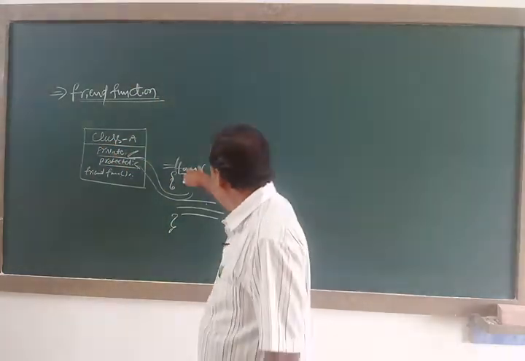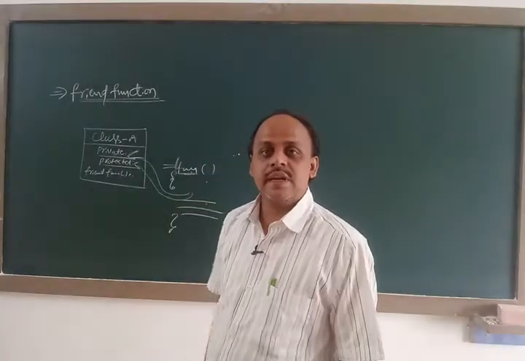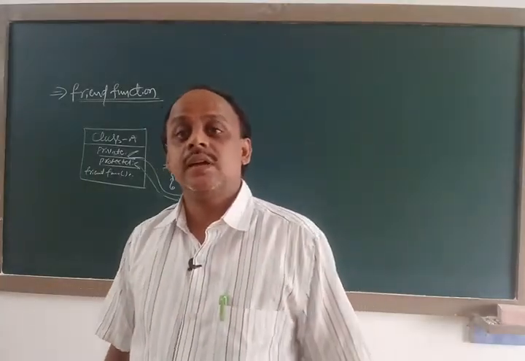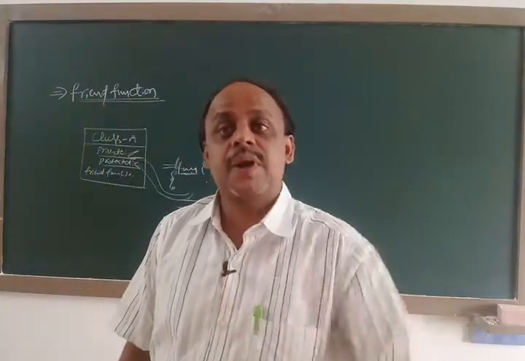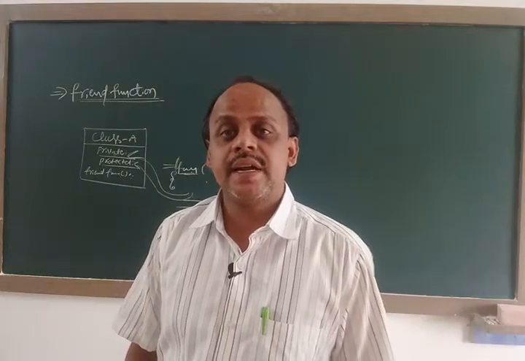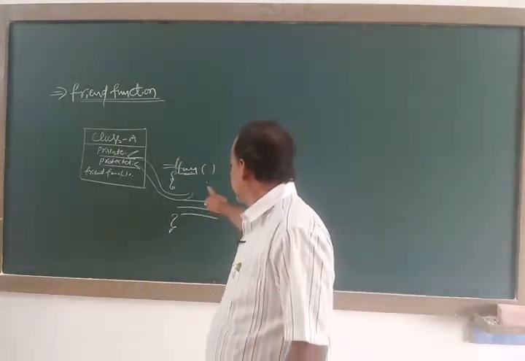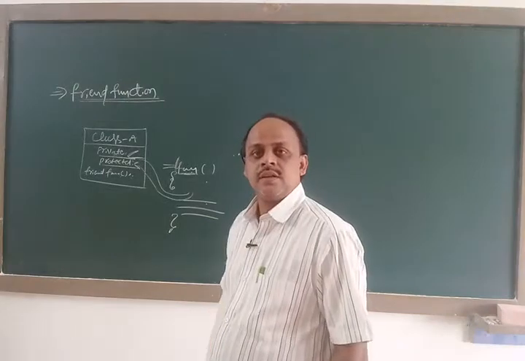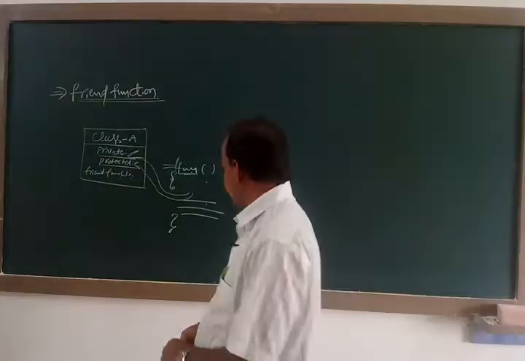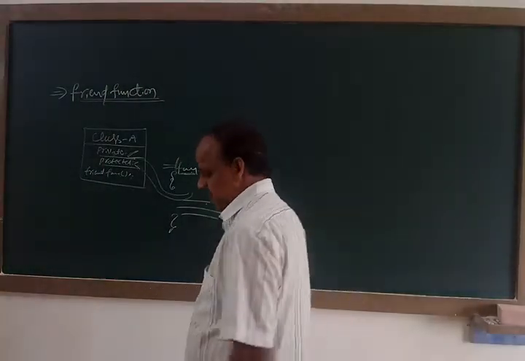So here the scope resolution operator is also not needed. And one more thing, we can access protected as well as private data members of a class in the friend function. This is the concept of friend function.